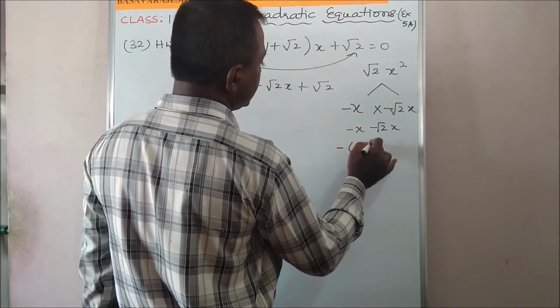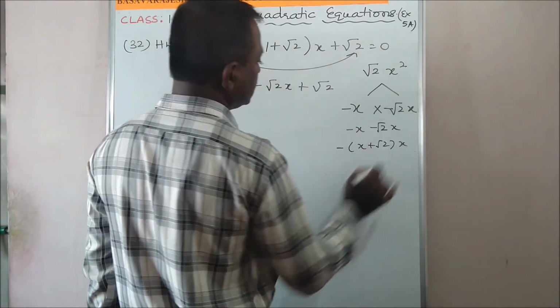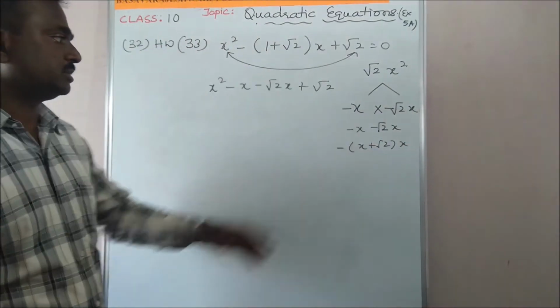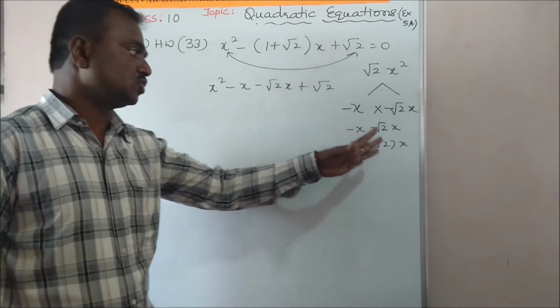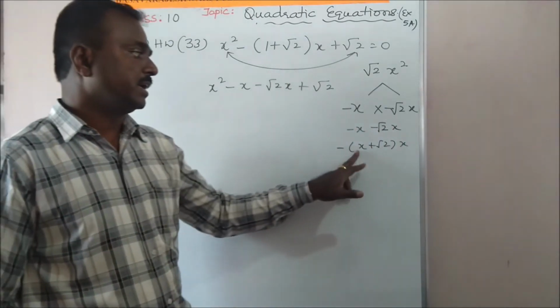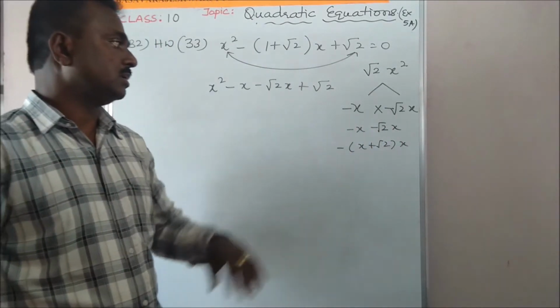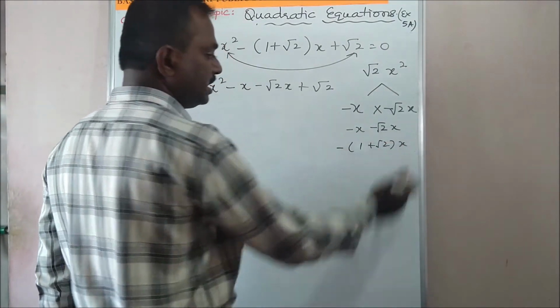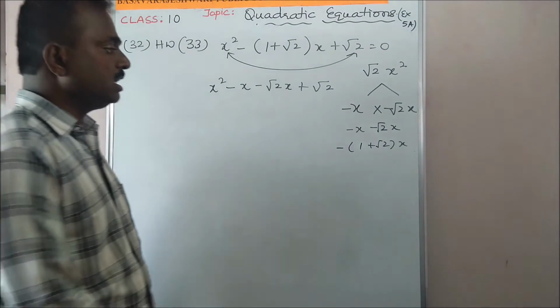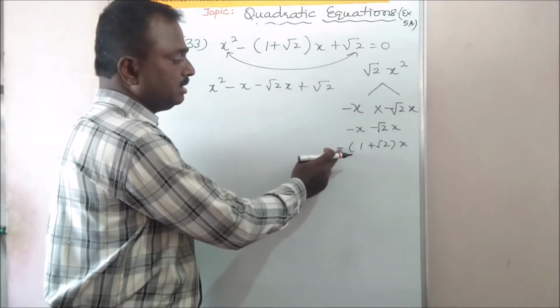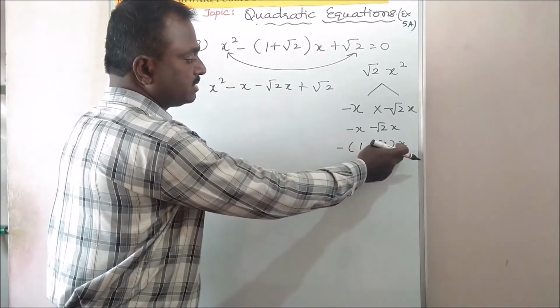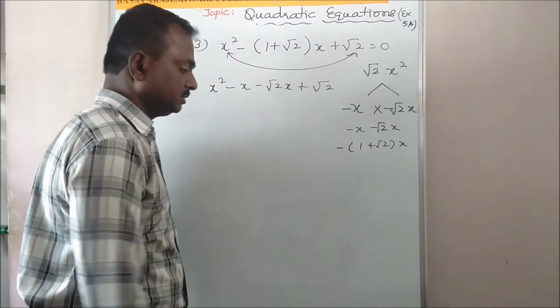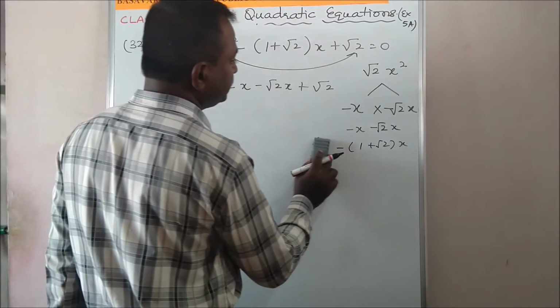So minus common, x plus root 2x. Correct? So if you take minus common, from minus x minus root 2x, x plus root 2, not x plus root 2, it becomes 1 plus root 2 because x is also common. X is outside. So what happens? Minus common 1 plus root 2, x outside. X is also common. Okay? Same method you will get.